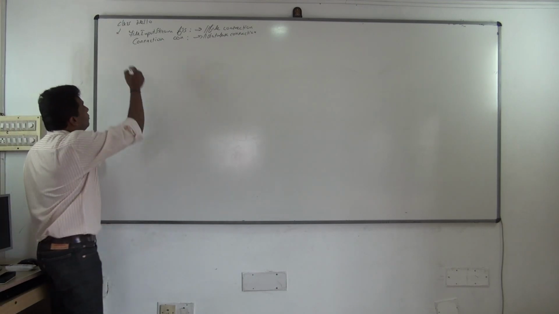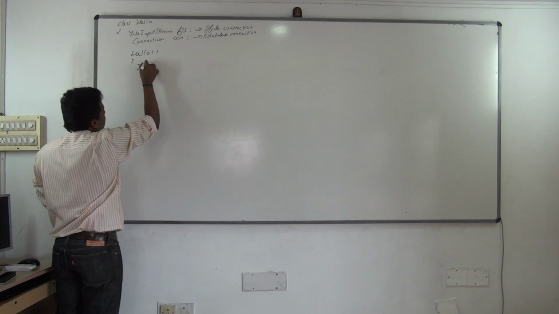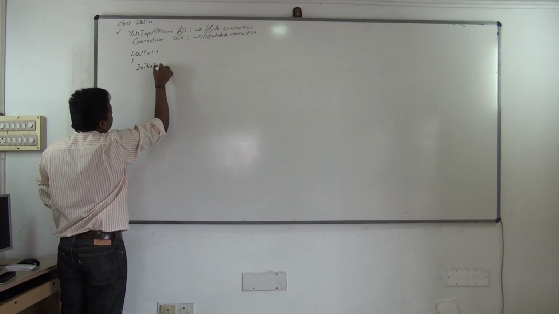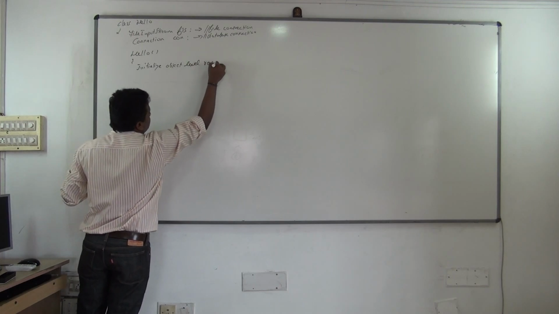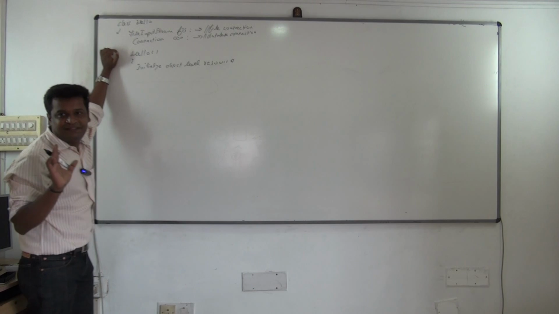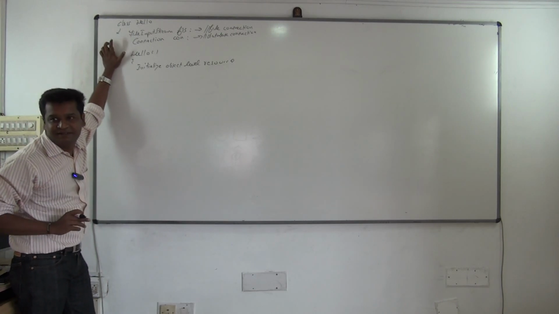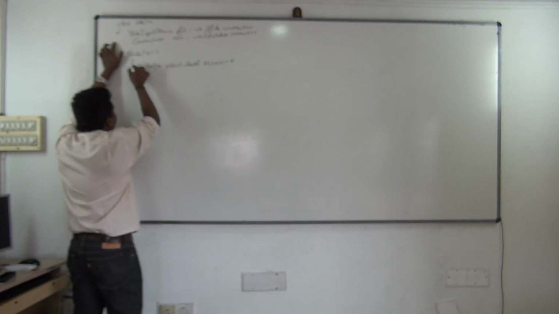Clear? So now what do we do in the constructor? We initialize what? Object level resource. It can be anything. I'm not telling you to use both, these are just examples. Initialize object level resource. For example, what are they?